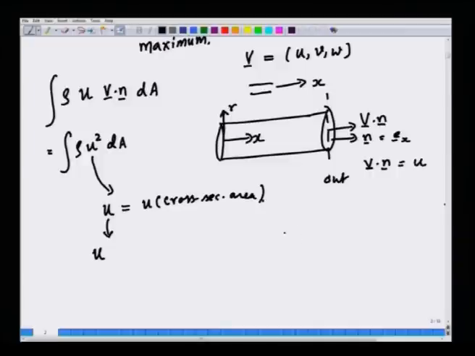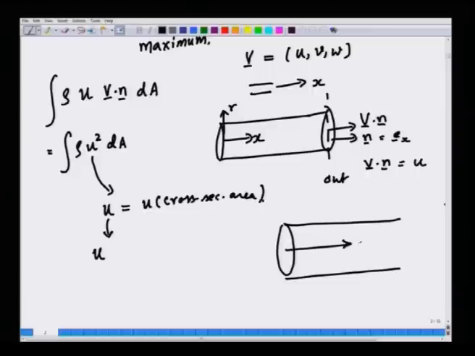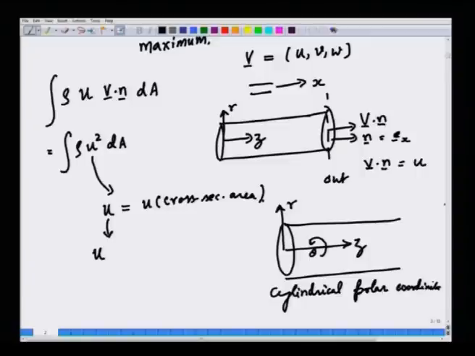If you have flow in a pipe, it is useful to use polar coordinates, where we should call z the flow direction, and then r, and then theta goes around the axis of the tube. This is called cylindrical polar coordinates.